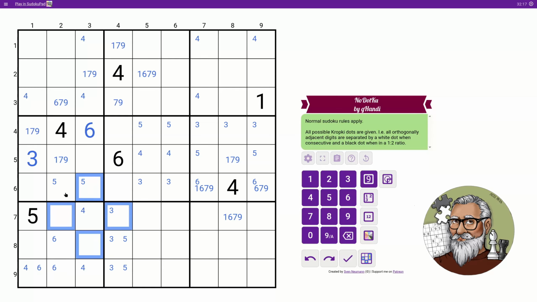Of course, this becomes 5, but that's not a problem, right? So this would have to be 8, this 1. These are 7, 9.